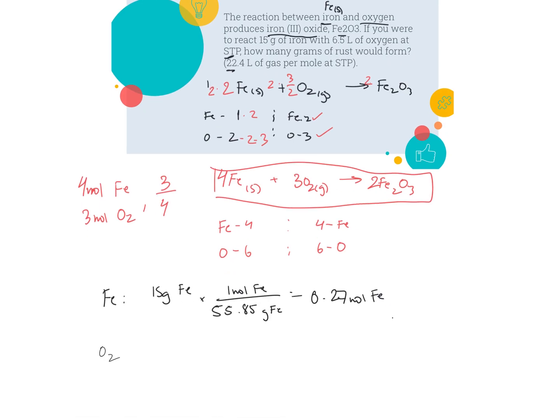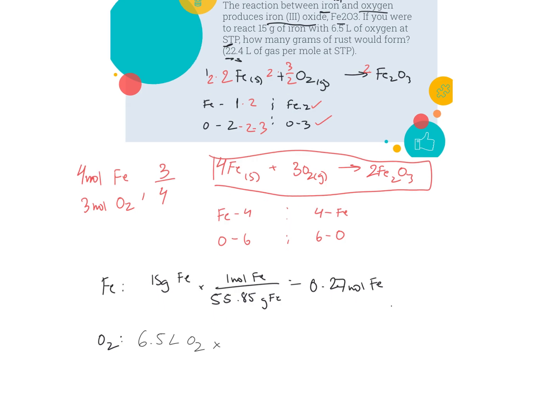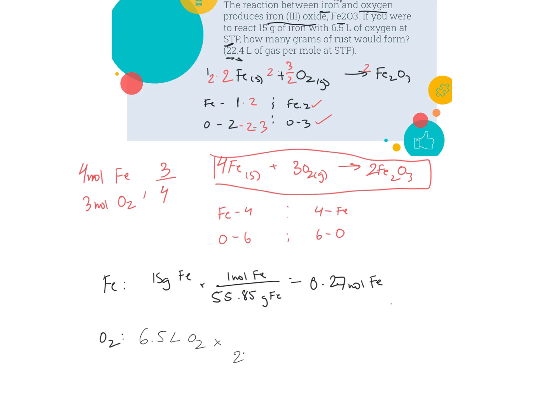Now for O2, I'm told that I have 6.5 liters of O2. I'm also told that 22.4 liters of gas is 1 mole at standard temperature and pressure, which I'm currently at. And so 6.5 liters over 22.4 liters per mole should give me the number of moles of O2. And if I do that math out, I get 0.29 moles of O2.